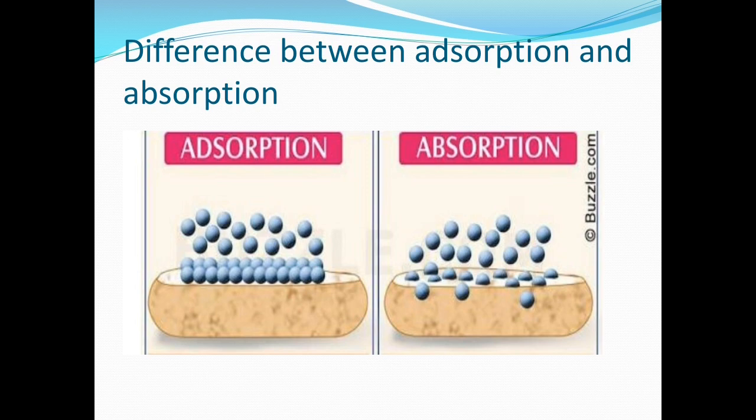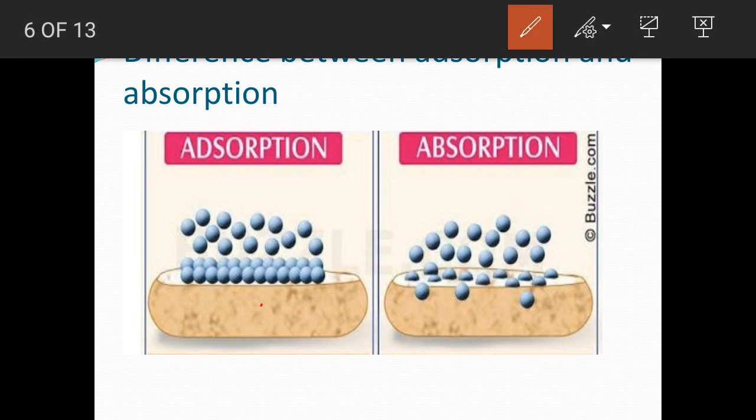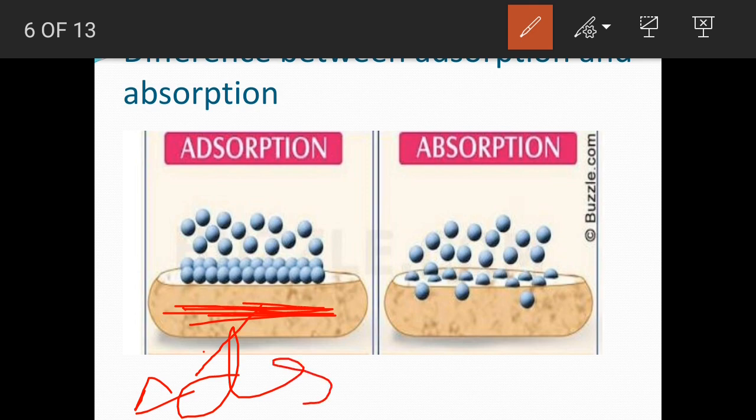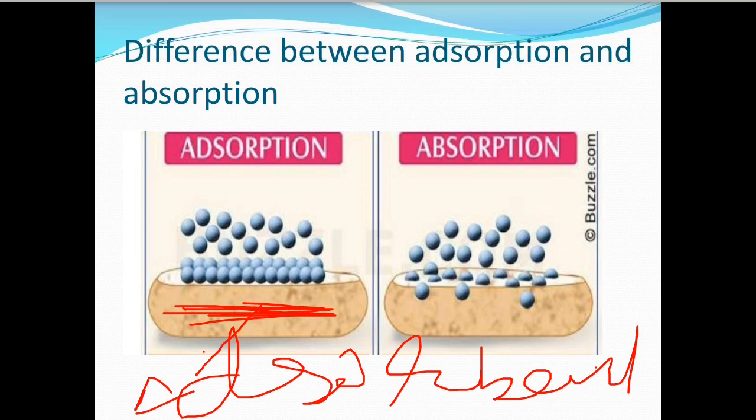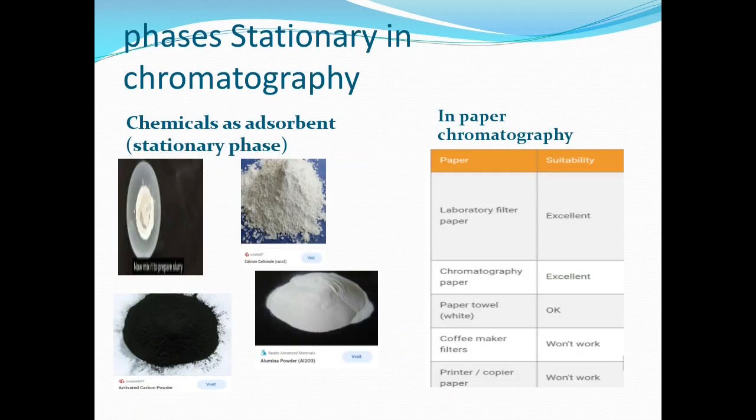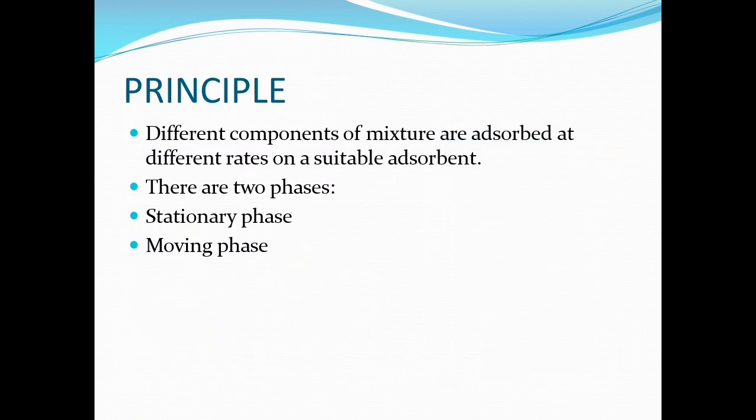In this case, the compound on the surface of which molecules are adsorbing is known as the adsorbent, and the molecules are known as the adsorbate. I hope you are now able to distinguish between adsorption and absorption.